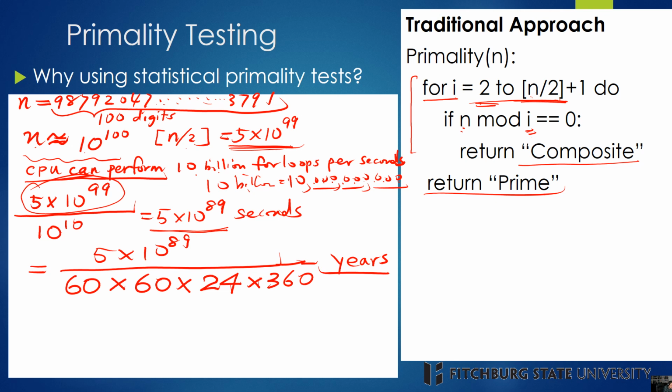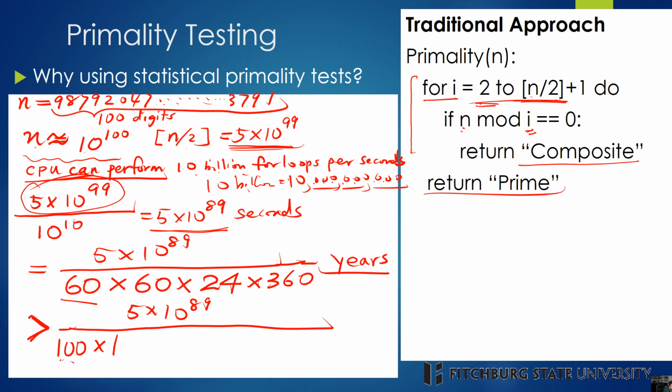Now, I just need a ballpark estimate, so I can actually just increase the denominator. I keep the numerator 5 times 10 to the 89, but I increase the denominator: I change 60 to 100, so the denominator is bigger, then the whole number is smaller, right? I convert 60 to 100, 24 to 100, and 360 I replace with 1000.